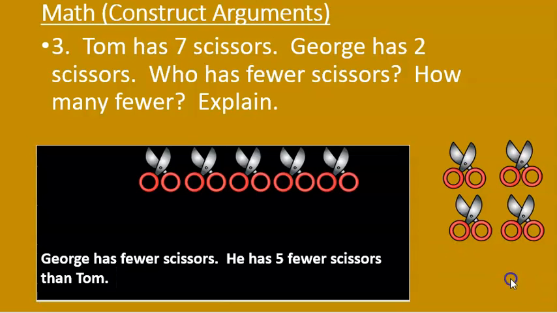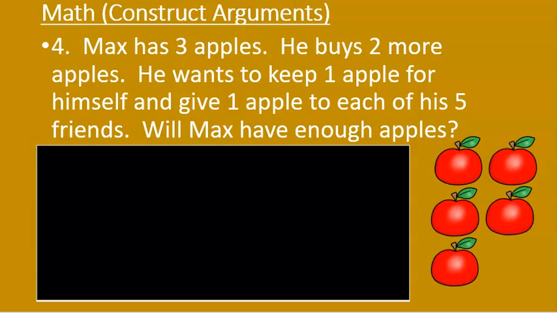So there's our explanation, first graders. George has fewer scissors. He has 5 fewer scissors than Tom. Now we finished answering the question. So our question and our answers are here. Now keep looking at your screen. Let's go to another example.